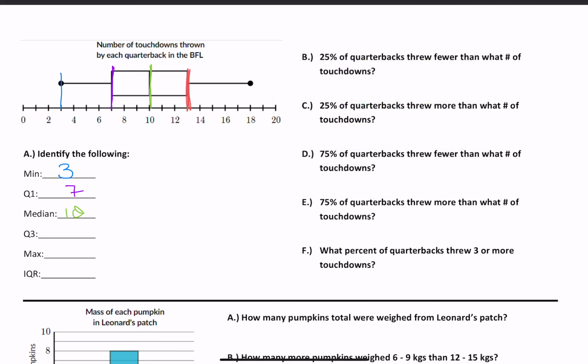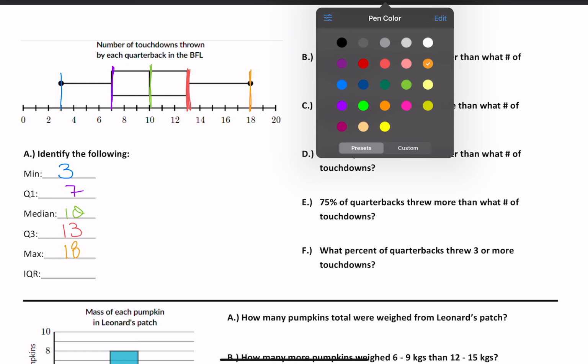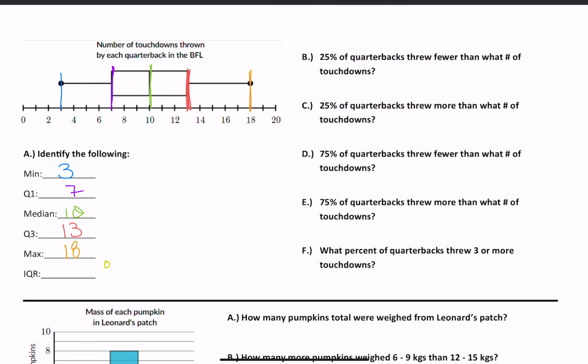Q1 here, I'm sorry, this is Q3, is a 13. Our maximum in this case is 18. So now we have to figure out our IQR, which again, remember, is Q3 minus Q1. So 13 minus 7. Oh, look, a 6 again. What is this? All right. Please remember that IQRs cannot be negatives. It has to be Q3 minus Q1.